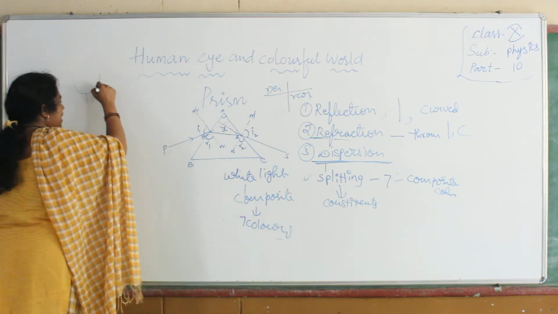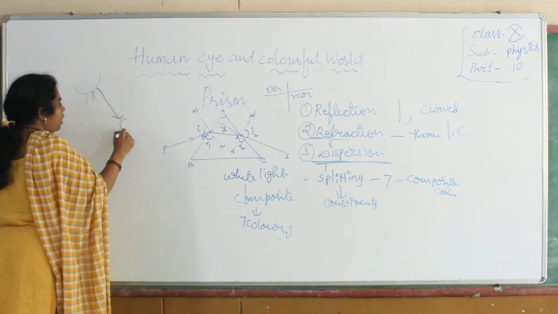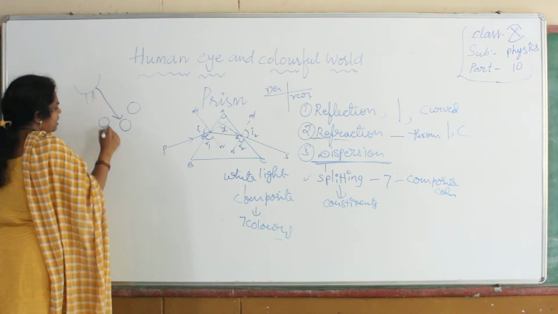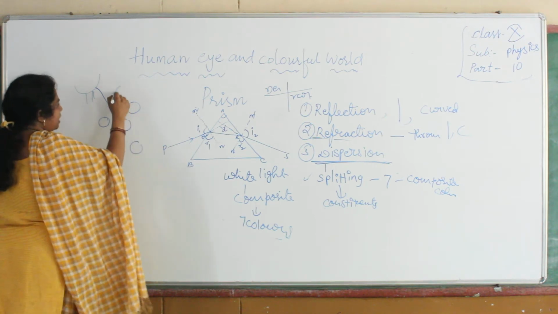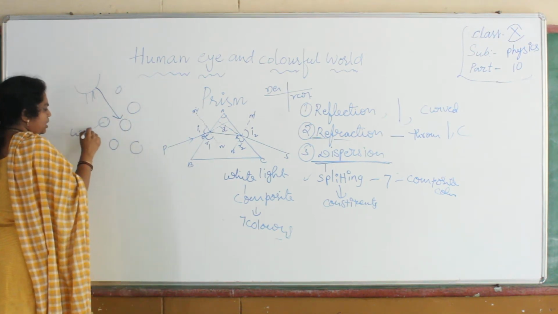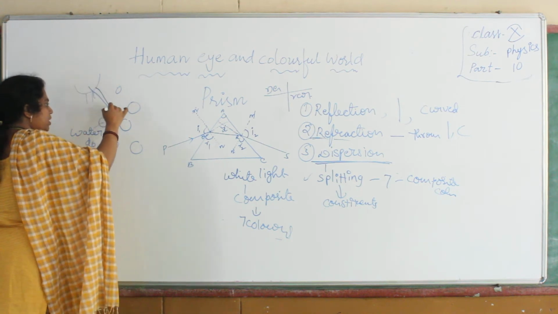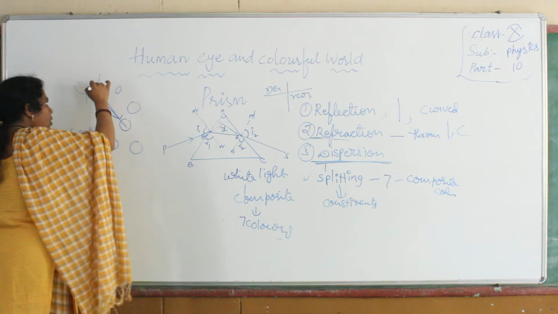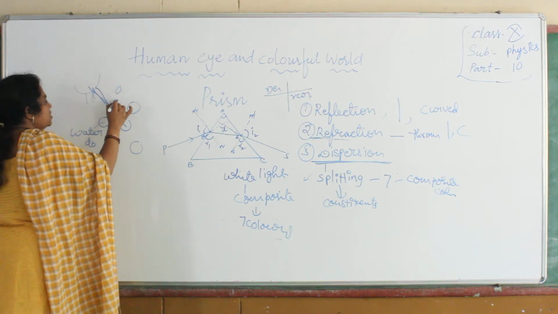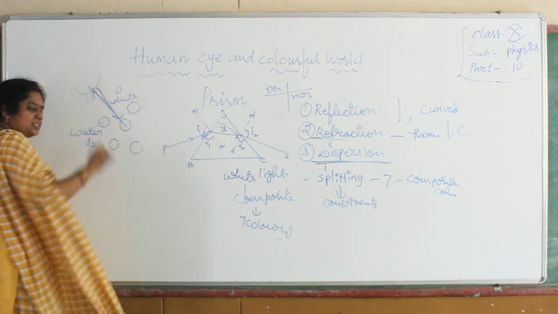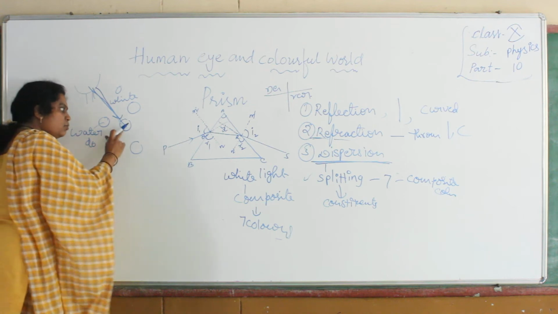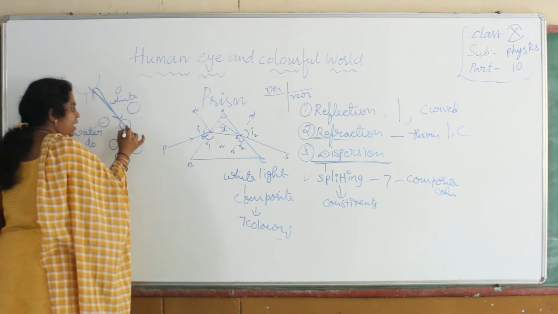Then these sun rays will pass through water droplets. When there is rain, there will be water droplets in the atmosphere. When the white light which is coming from the sun passes through that water droplet, then the light will split.